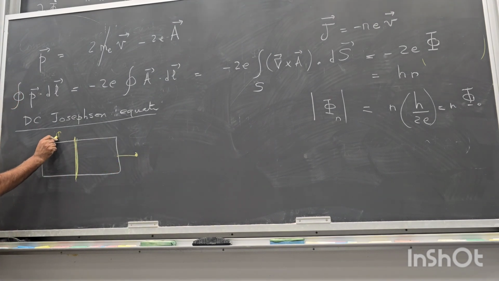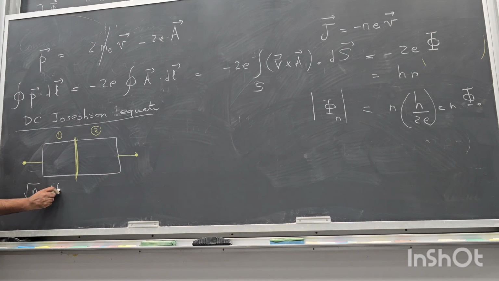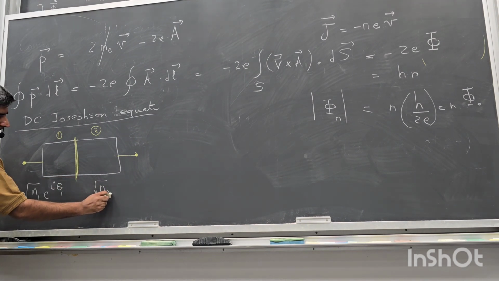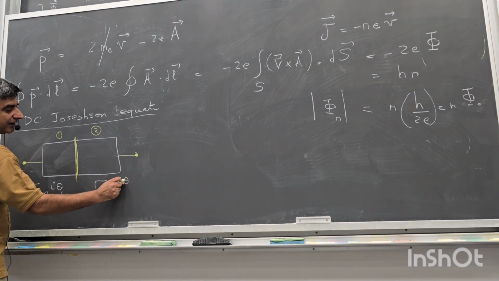This is my superconductor 1, superconductor 2. There is going to be some wave function here, n1 e^(iθ1). There is going to be some wave function here, n2 e^(iθ2).